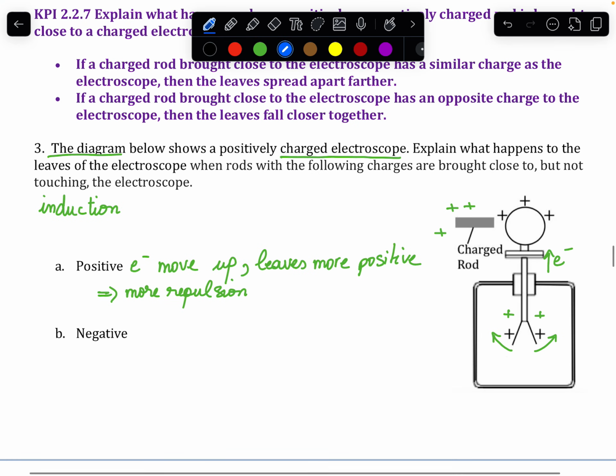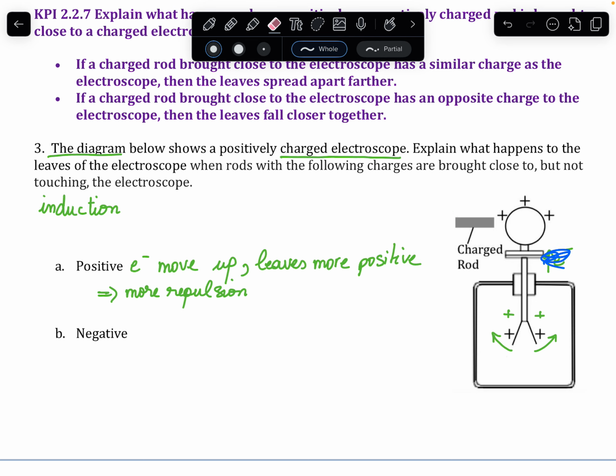Now the second one, if the rod is negatively charged, let's see what happens.